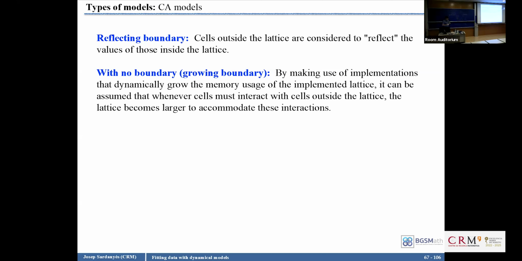Yes, we have also hexagonal cellular automata. We don't need this automaton to be a square grid. It can be hexagonal.